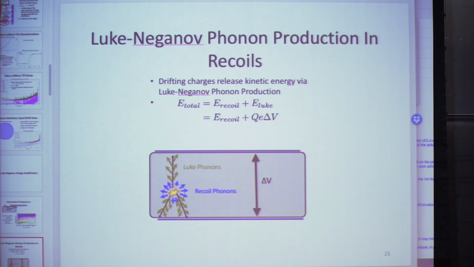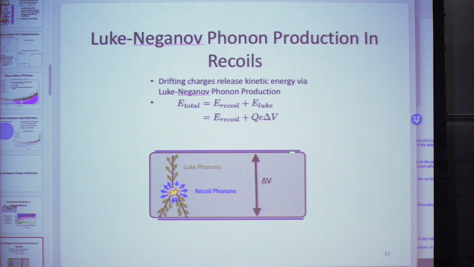So the idea of Neganov-Luke phonon production is a photon comes in and makes these electron hole pairs. I'm now going to drift these electron hole pairs across my crystal. When I drift them, it's sort of like a parachuter parachuting to the Earth. He hits a terminal velocity, and all of his gravitational potential energy is converted, not into kinetic energy, but into heat. Basically, he heats up the air.